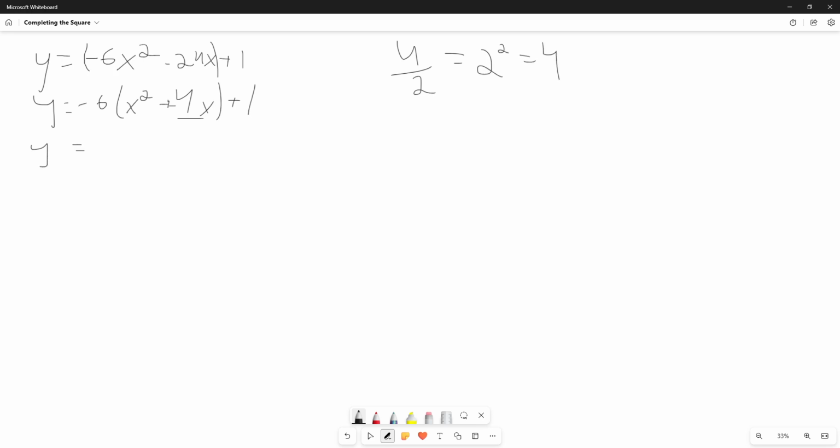So y equals minus 6 times x squared plus 4x plus 4, plus 1. Now notice how this one is going to be a minus minus. It's going to give you a positive at the end. So I'll show you in a moment. Minus 6 times x squared plus 4x plus 4, plus 1.